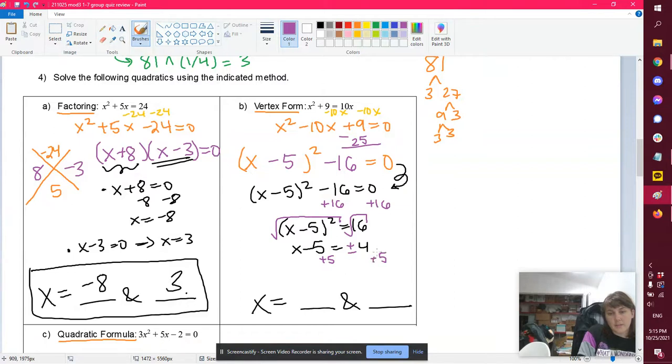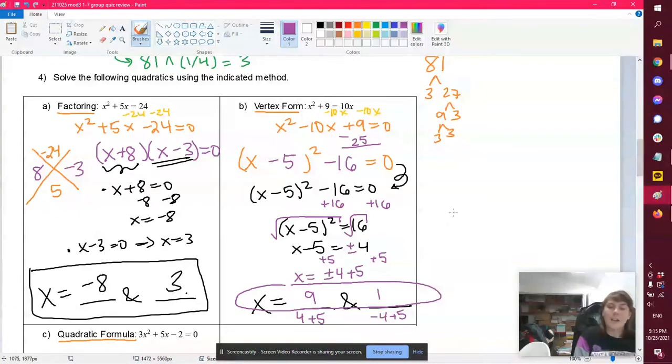We'll add 5 to both sides. Then this one is when we pick 4 plus 5. This one is when we put negative 4 plus 5. So our answers become 9 and 1.